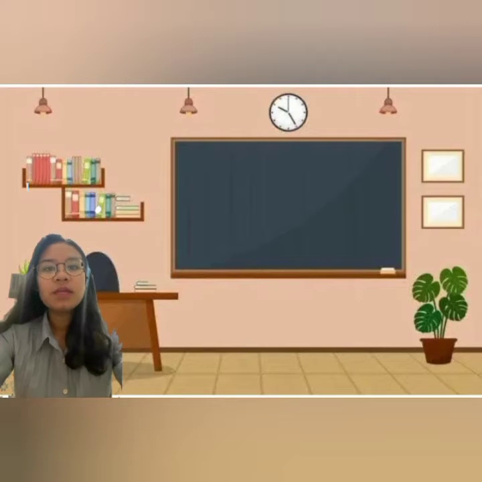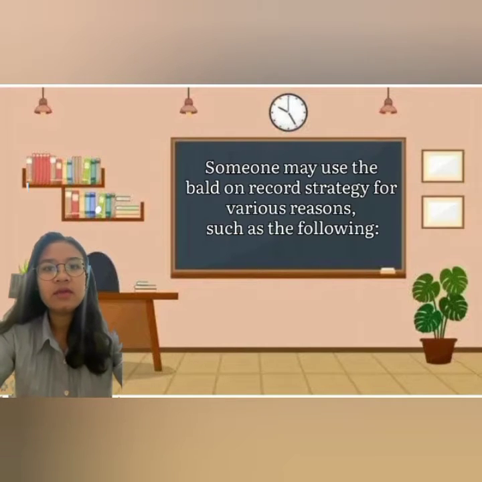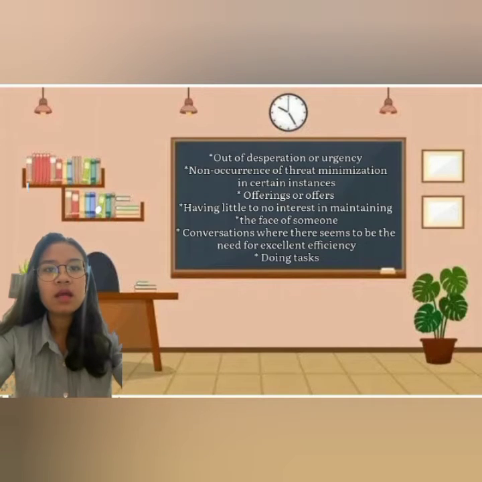One example of a bald on record strategy is using the imperative form in phrases like "give me the bottle." Some may use the bald on record strategy for various reasons, such as the following: 1. Out of desperation or urgency. 2. Non-occurrence or threat minimization in certain instances. 3. Offering or offers. 4. Having little interest in maintaining the face of someone. 5.